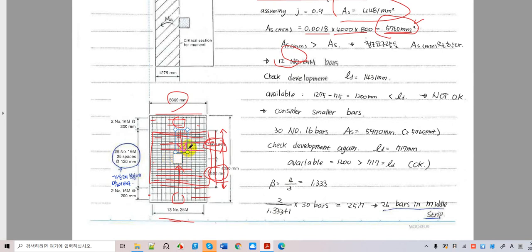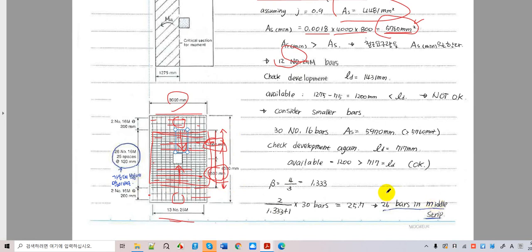Okay. So how then you calculate the amount of rebar that should be placed in the middle strip is easy. You calculate beta. Beta is the ratio of long side to short side. So it is long side 4, short side 3 meters, which is right there. And you get this much, and times the total number of rebars, which is 30, you get 25.7 rebars that must be placed in the column strip, as you see over there.